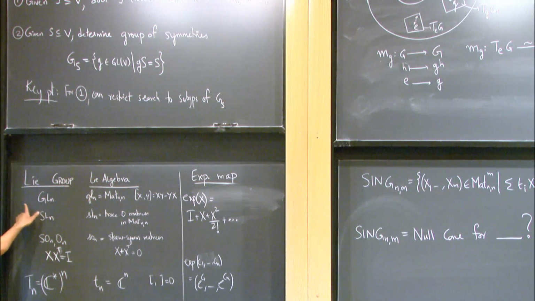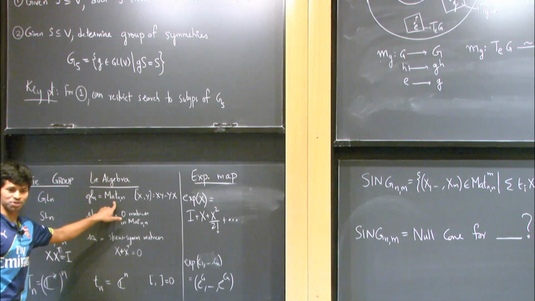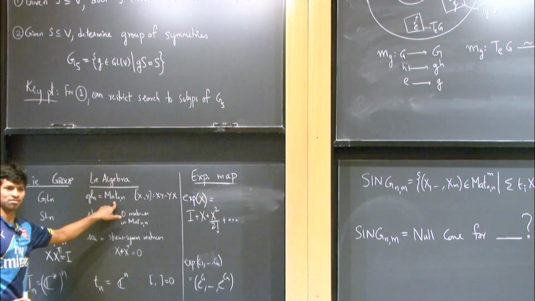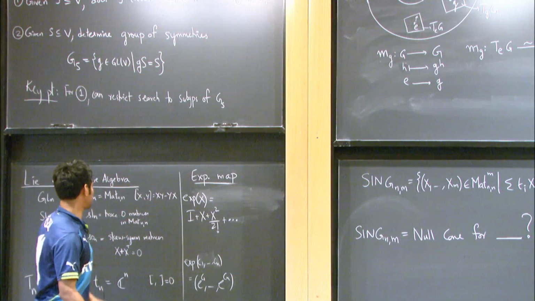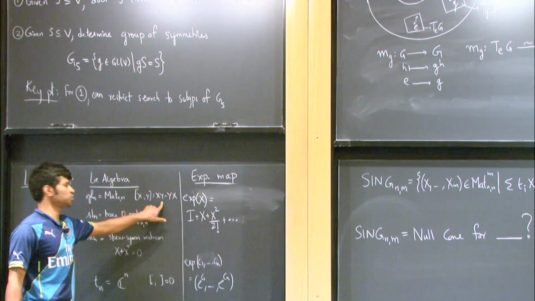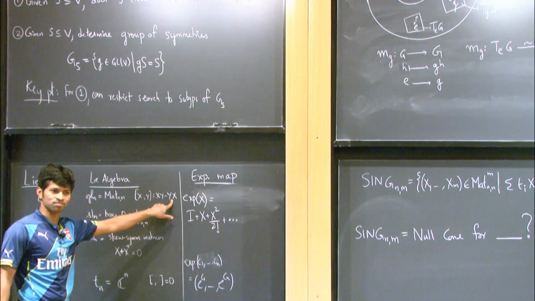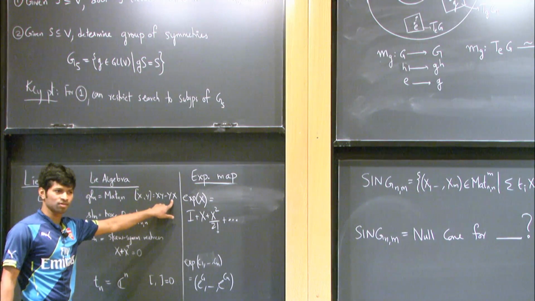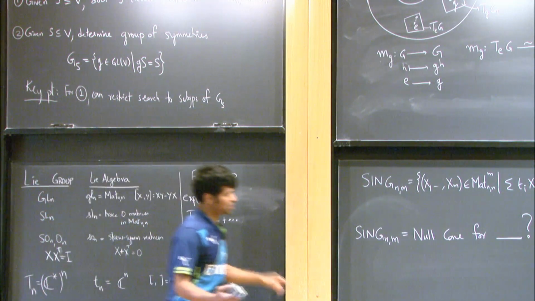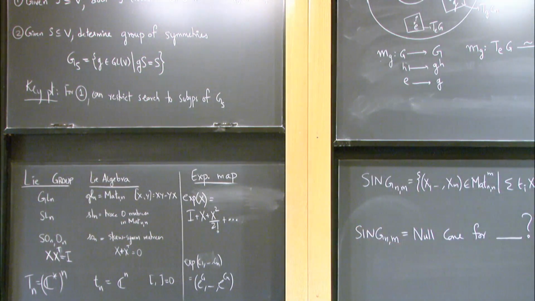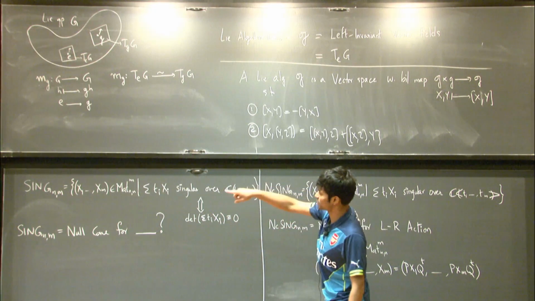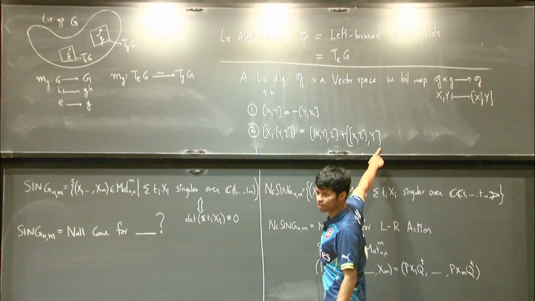The dimension of this guy is n squared. The dimension of the tangent space should also be n squared. And then what is this bracket operation that I wrote? In this case, it's just xy minus yx. And here is something for you to maybe know or check at some point, that with that formula, this identity holds.